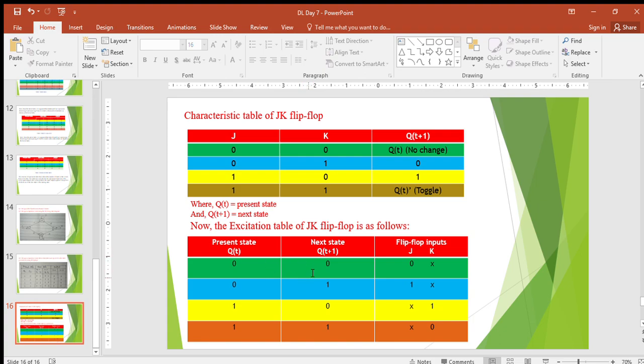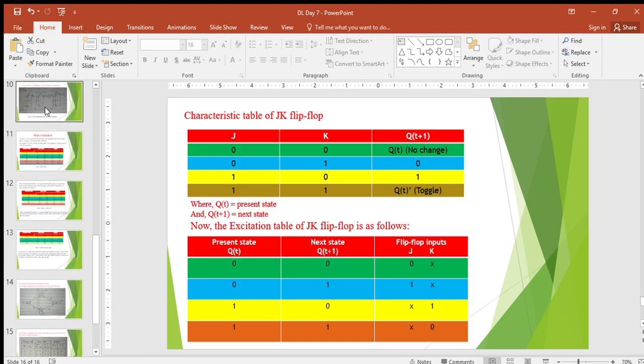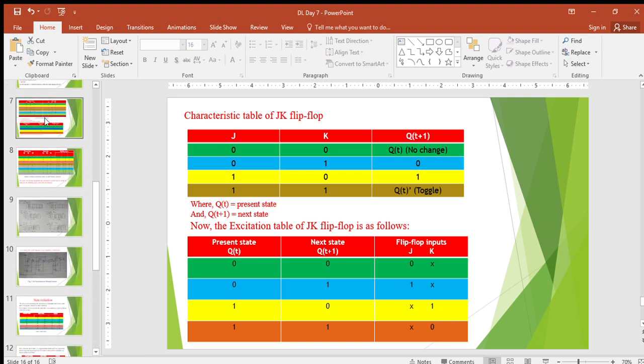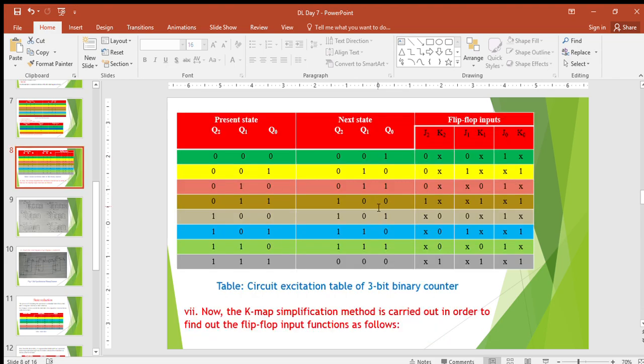Now on the basis of this excitation table of the JK flip-flop, we can understand the mechanism of the circuit excitation table of a 3-bit synchronous binary counter. The 3-bit binary counter will have three states, that is Q2, Q1, and Q0, where Q2 is the most significant bit, MSB, and Q0 is the least significant bit, LSB.